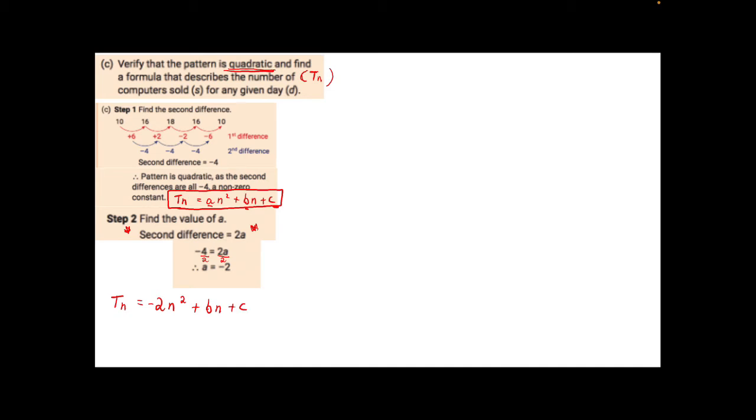Okay, so step 3, I need to find my values of b and c. So to do this, I have to set up a simultaneous equation. So we're going to use our general sequence of Tn is equal to -2n squared plus bn plus c, and substitute in a value that we have when n is equal to 1 to make our first simultaneous equation.